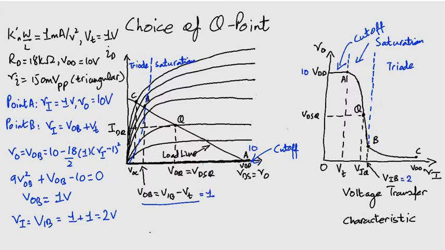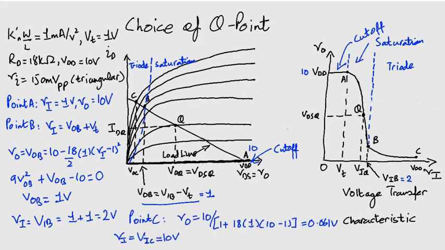Point C is in the triode region, and we can identify its coordinates as Vi equals VIC equals 10 volts, and V0, which can also be written as VOC, equals 0.06 volts. Notice that this value of the output is very small.